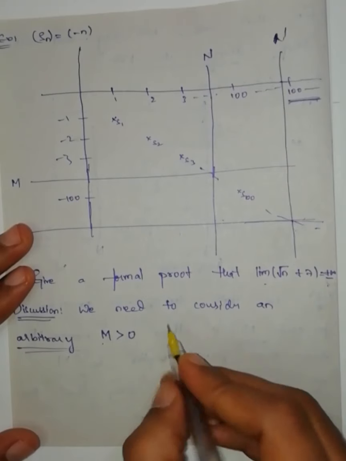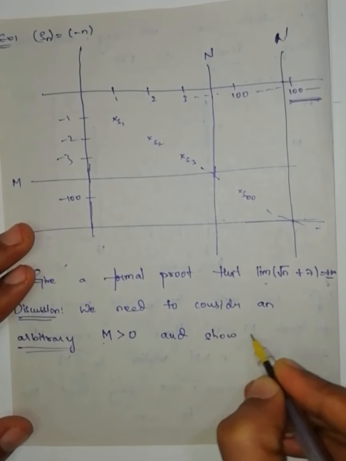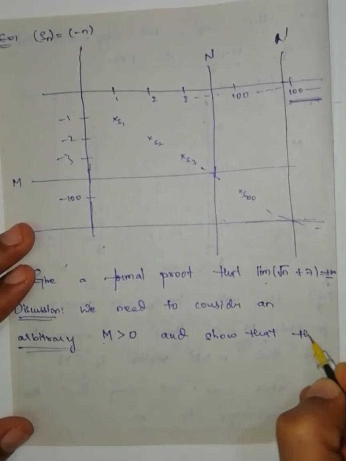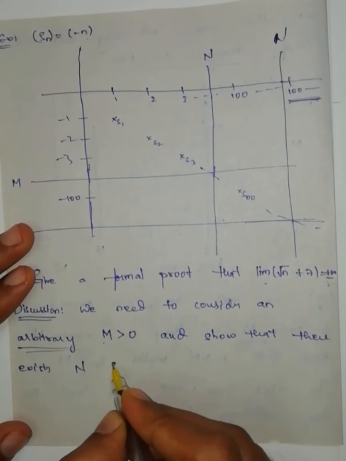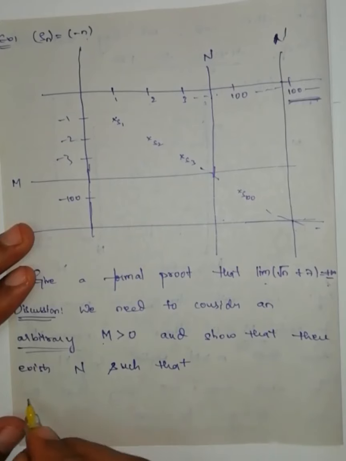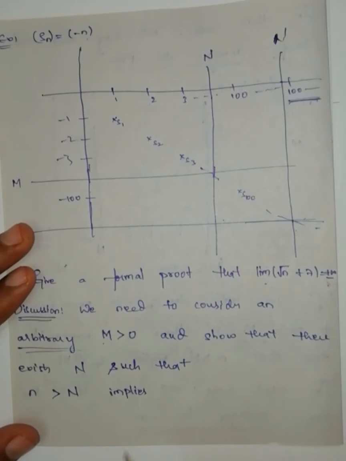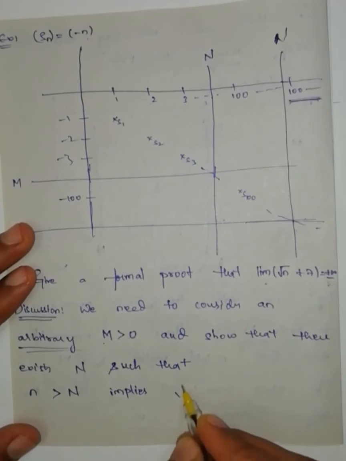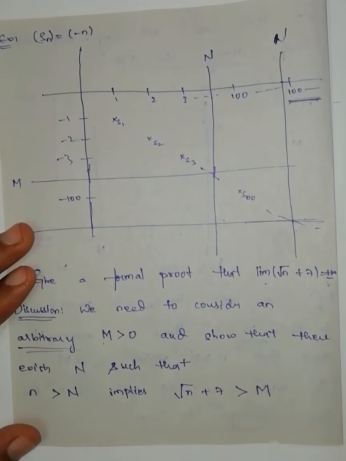Now I have to show that there exists a capital N such that small n greater than capital N implies the term Sn is greater than capital M. What is Sn? Under root n plus 7 is greater than capital M. That capital N I have to find.